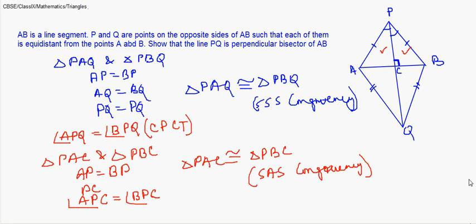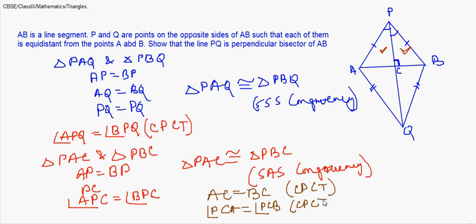Now when we write by SAS congruency, these two triangles are congruent, thereby making AC equals BC. So it is bisected now. We now have to prove only the perpendicular part, right? Angle PCA will also be equal to angle PCB, derived by CPCT as well.